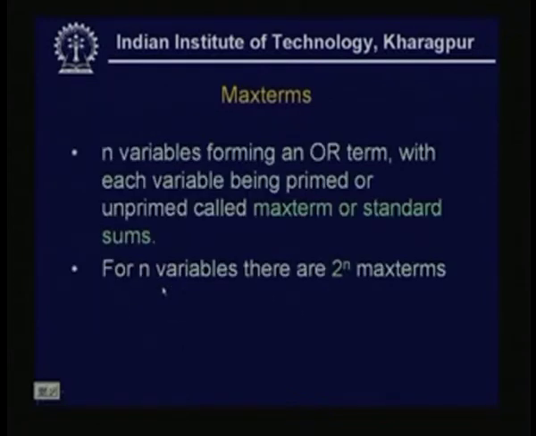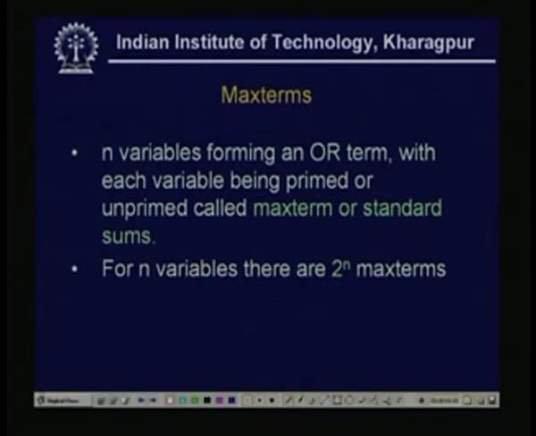Now, we define similarly the max terms. So, n variables forming an OR term, with each variable being primed or unprimed, is called a max term or standard sum. In the min term, what we have seen is that the operator was AND, the dot. The min terms are defined such that each variable, being primed or unprimed, meaning complemented or uncomplemented, is operated by the dot operator.